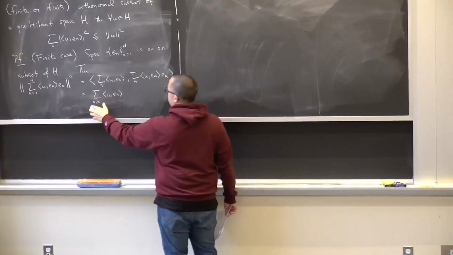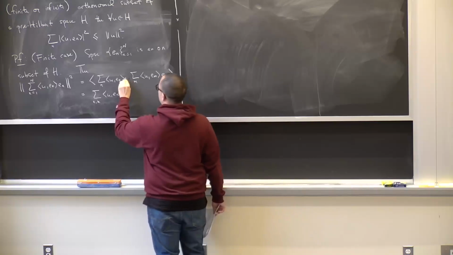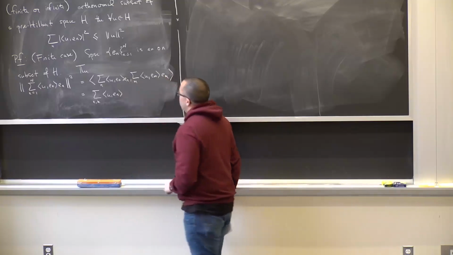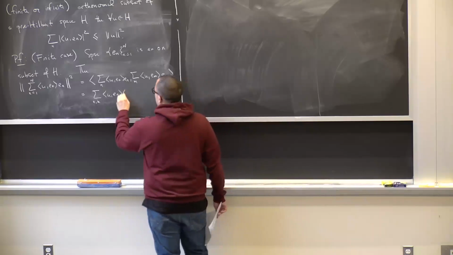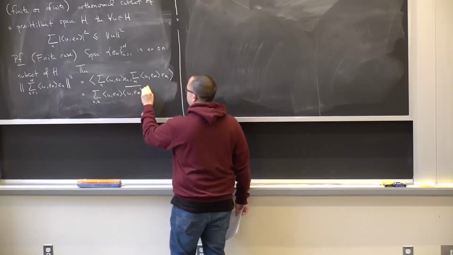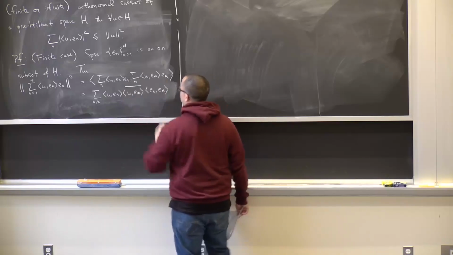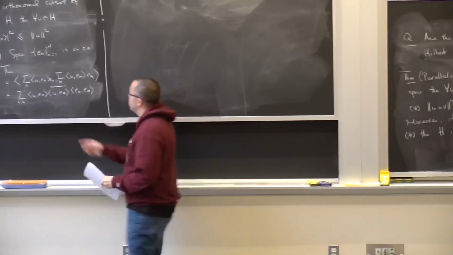Now I have this double sum of ⟨u, e_n⟩ times the complex conjugate of ⟨u, e_m⟩ times the inner product of e_n with e_m.